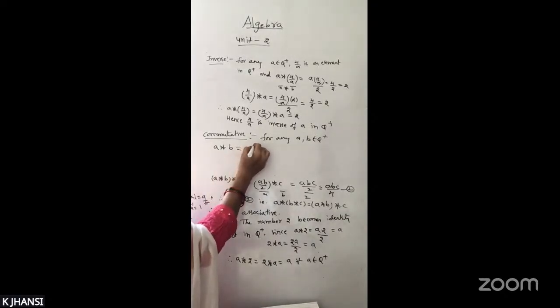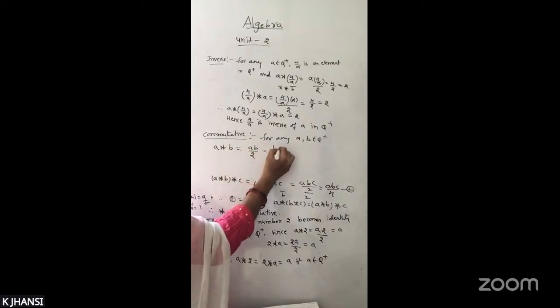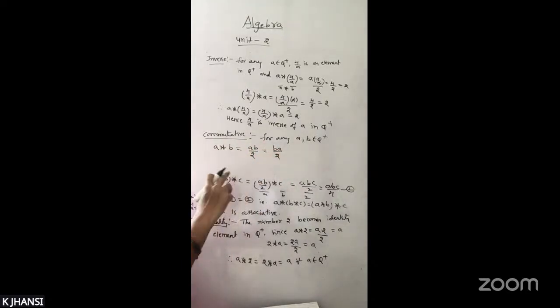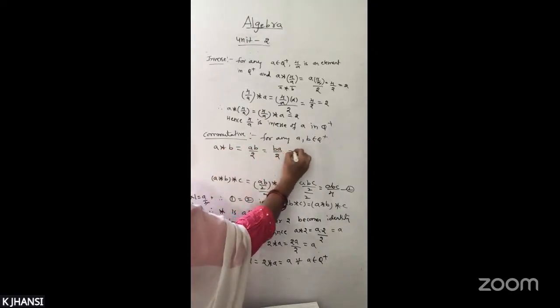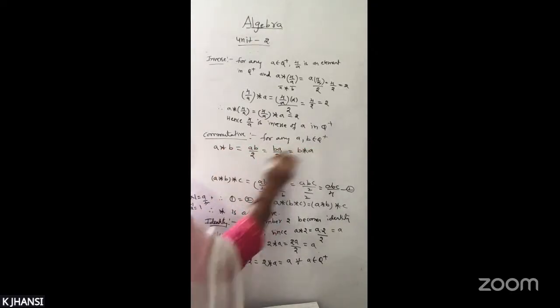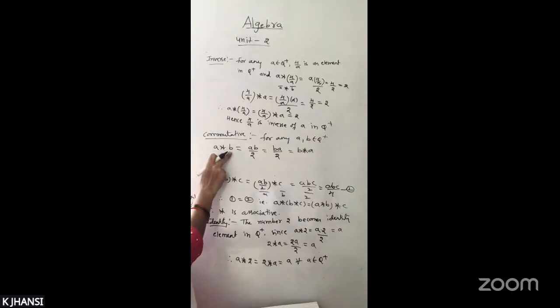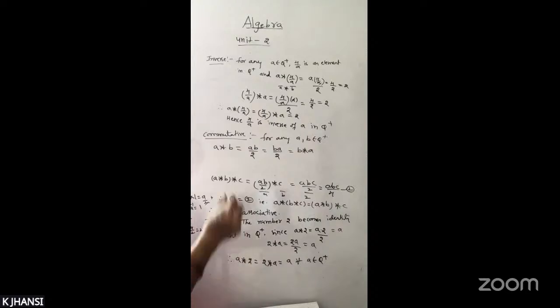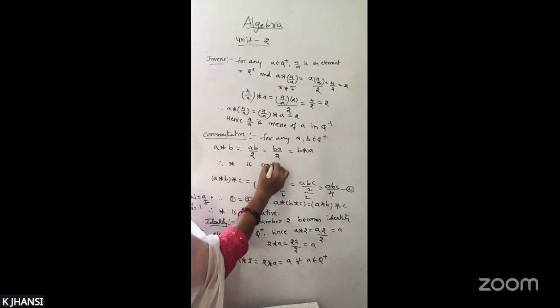AB by 2, no? So you can write AB by 2 as BA by 2. In multiplication, you can interchange the numbers. So here you can write BA by 2. It is equal to B star A. Okay. So A star B is equal to B star A. Therefore, commutative property is satisfied. Therefore, star is commutative.